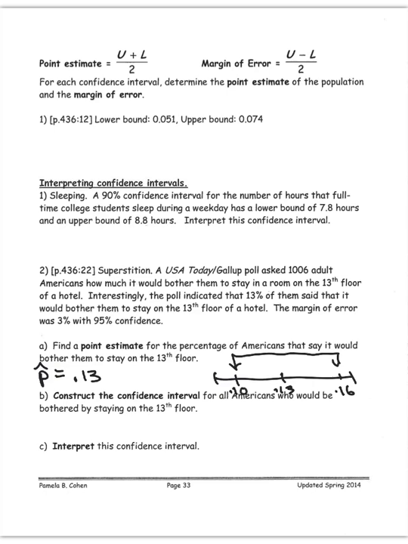So my confidence interval is 0.10 to 0.16. That's the interval. That's the range of numbers that I think the population value is of Americans who would be bothered by staying on the 13th floor of a hotel.